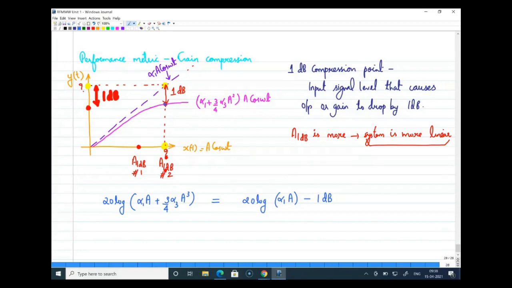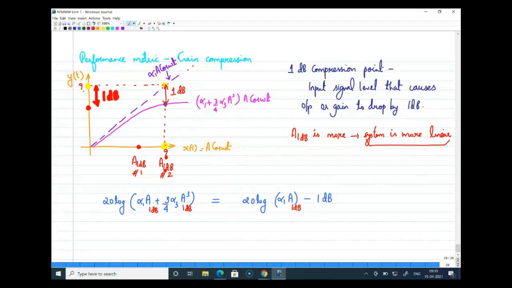I hope you understood what I have written. So when this happens, I will modify this A as A1 dB.